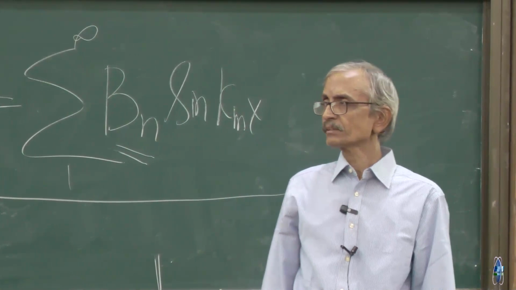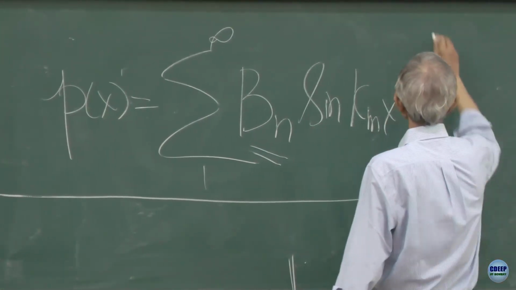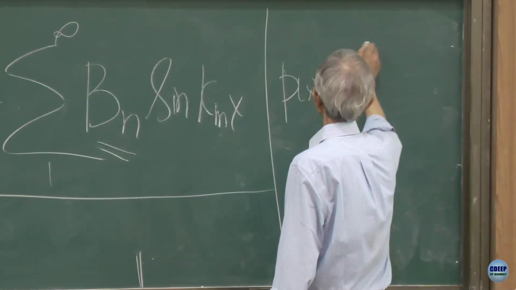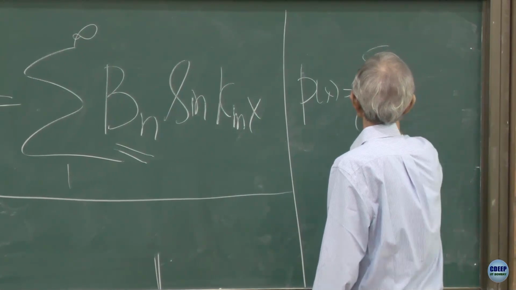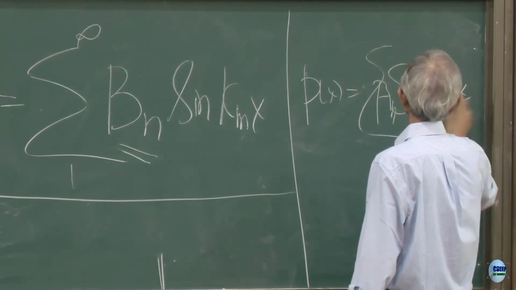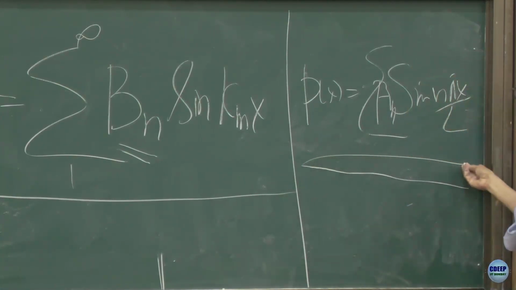Previously, what did we have? Previously also we had P of x and this was some An sine of n pi x by L. And what did we do to get the An's?